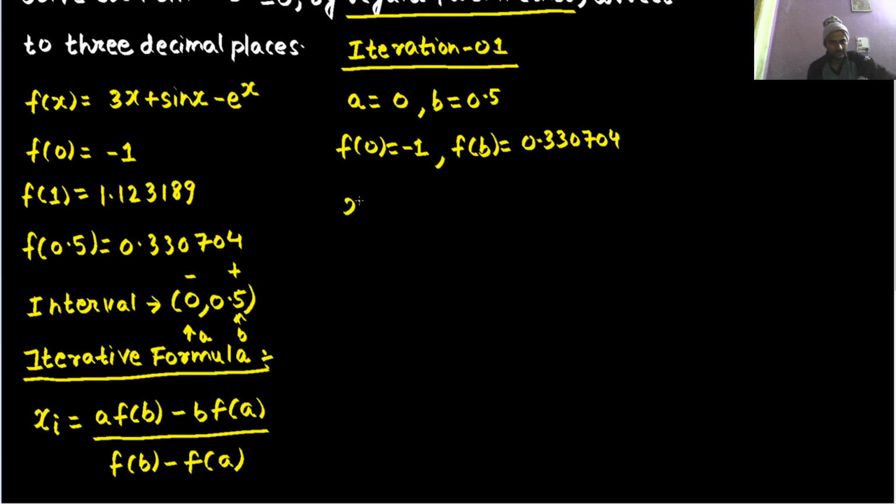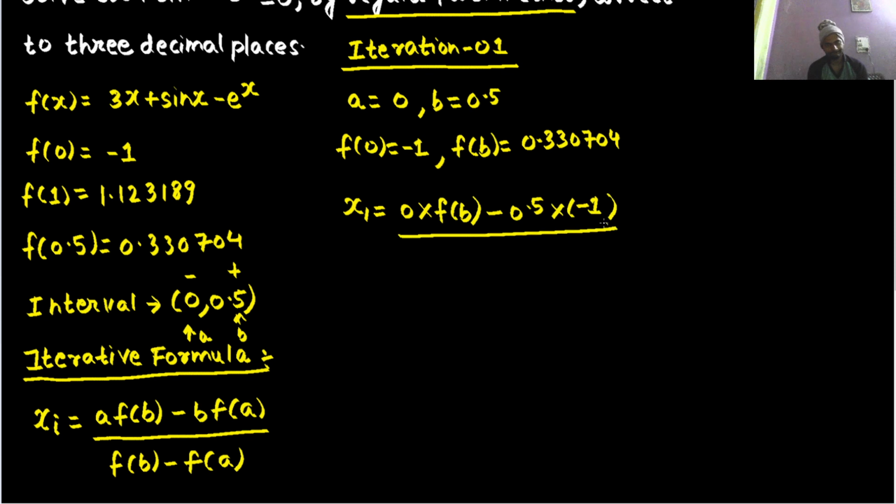Let's find the first iteration value, which is x1. That will be a times f of b; a is 0, so 0 times f of b, I'm not writing that bigger value because it will anyway be 0, minus b times f of a, which is -1, divided by f of b minus f of a.